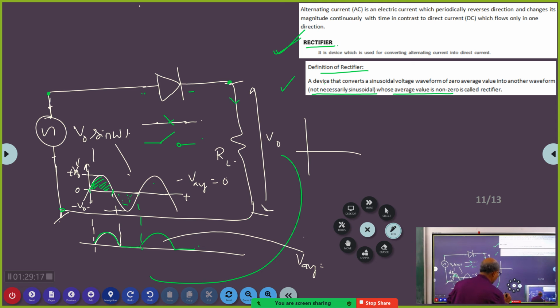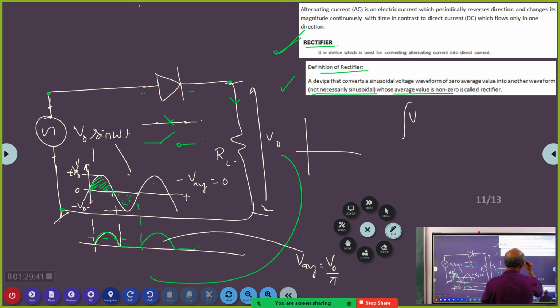Then you are going to get this value as V naught by pi. The average value of this signal will be V naught by pi. Correct?